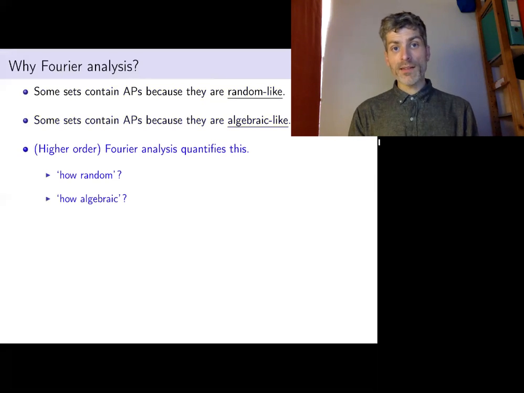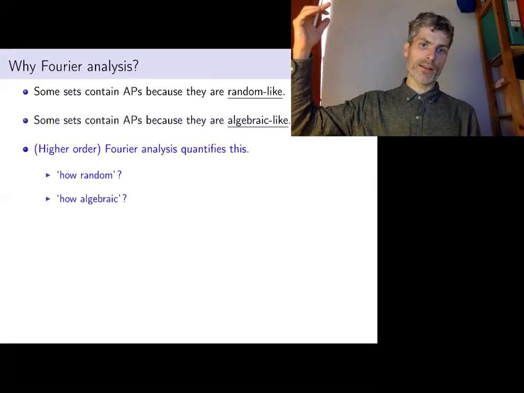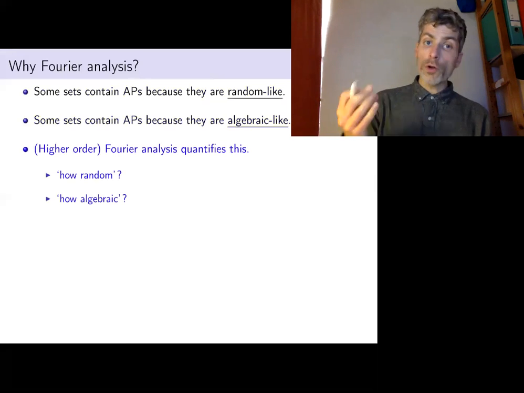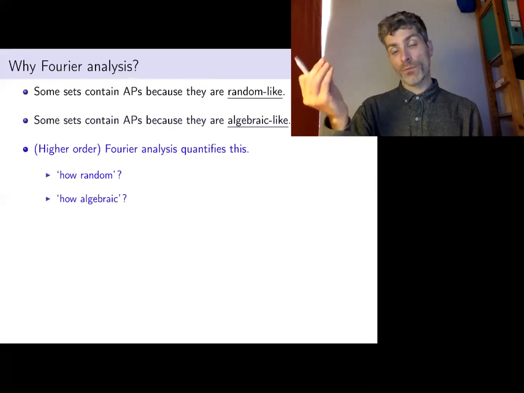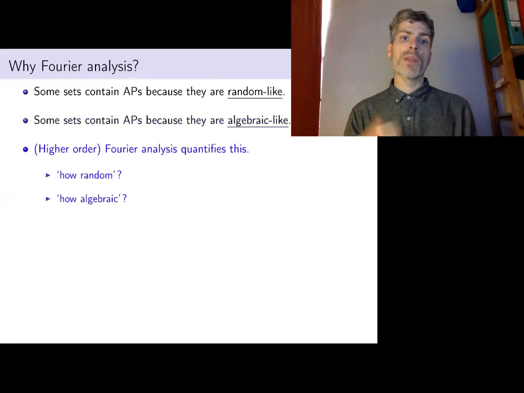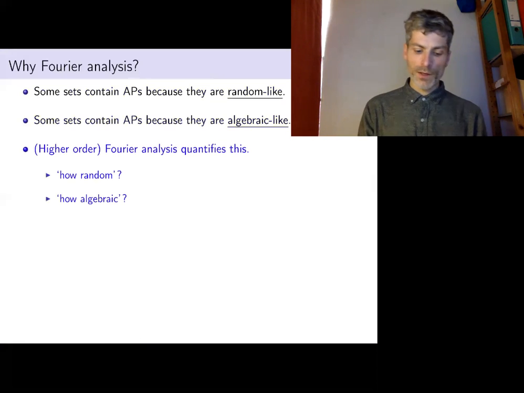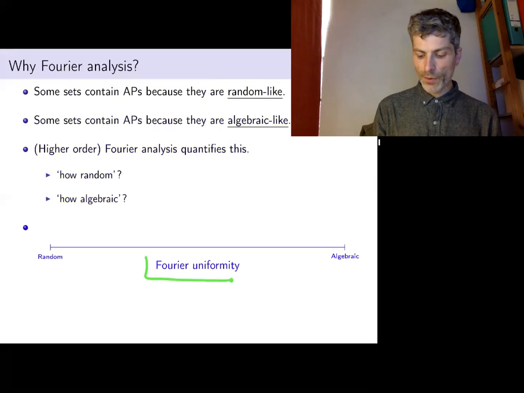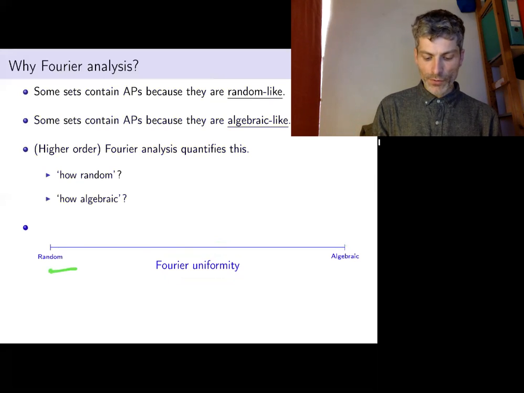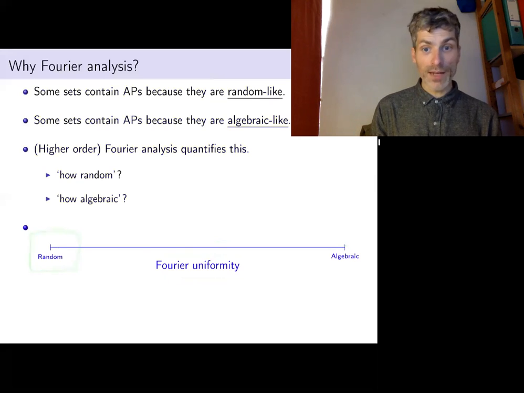Now, Fourier analysis and higher order variants of Fourier analysis quantify how random a set of integers looks. So you take a deterministic set of integers, how much does it look like a random set? So I like to think of this notion of Fourier uniformity, which we're going to introduce today. It gives you a scale where sets which are very Fourier uniform are very random or random-like.